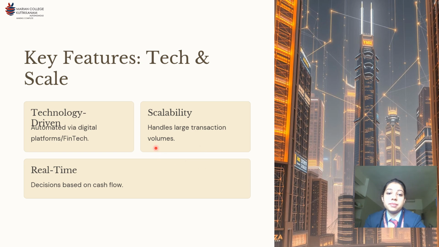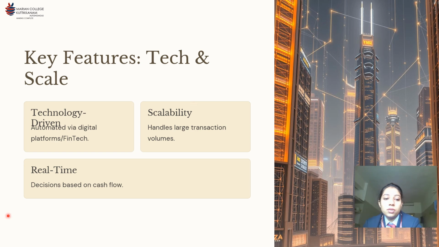Next one is scalability. How can this tool be scaled? It can be scaled to accommodate a large volume of transactions, and with the help of technology we can scale these transactions, which makes it suitable for large organizations, large enterprises, or large supply chain organizations.